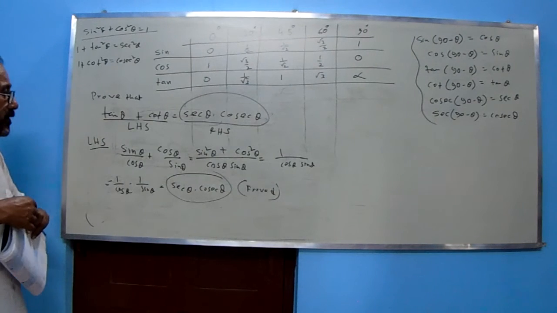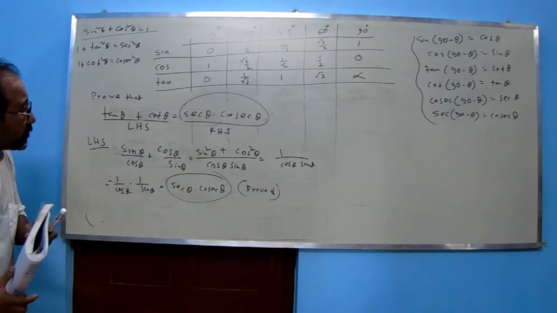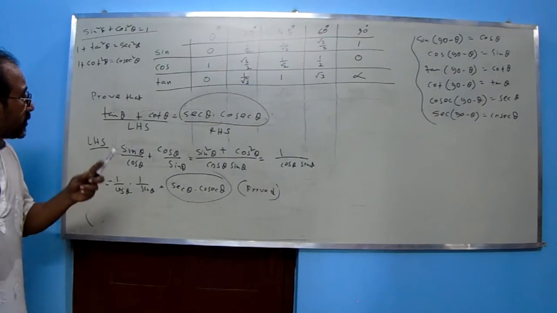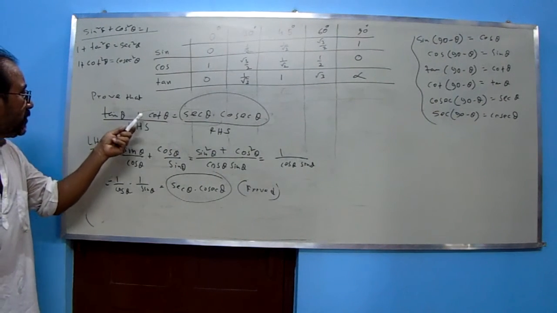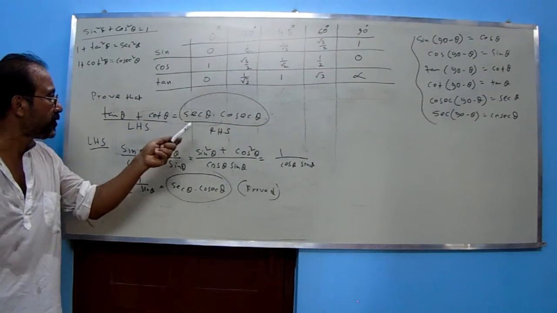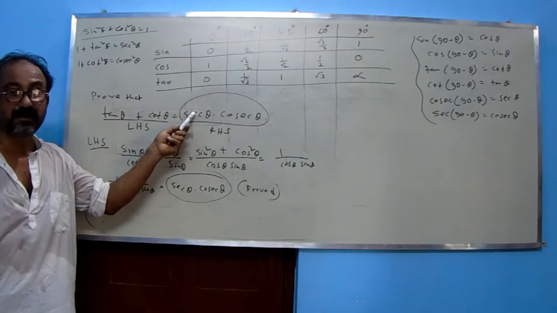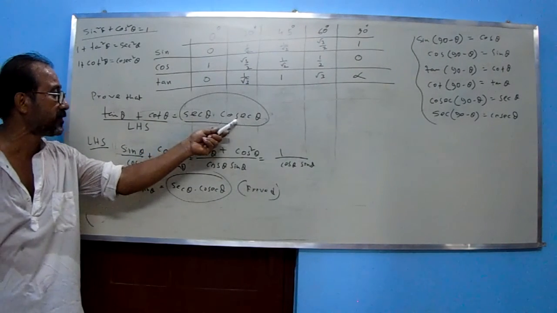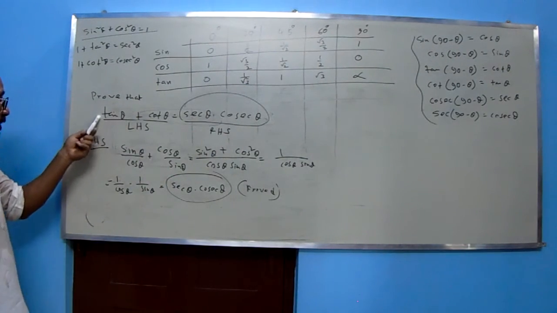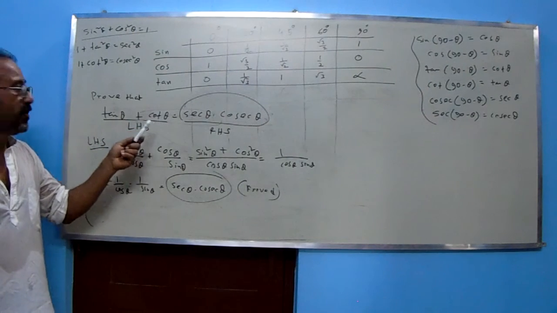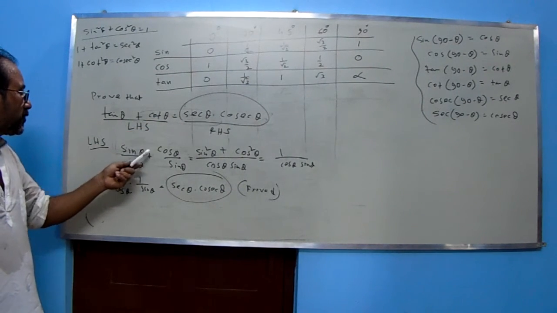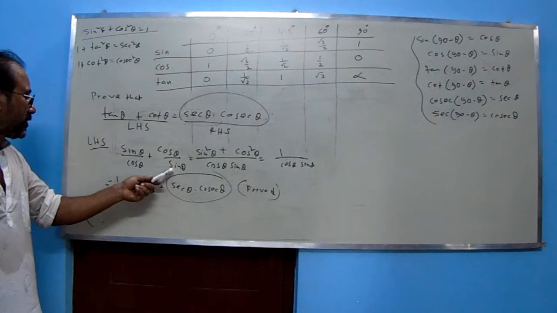Your approach should be that you first see tan and cot, which should be changed over to sec and cosec. Sec is the reverse of cos, so this has to be changed to sine and cos. Tan theta is sine by cos, and cot theta is cos by sine.